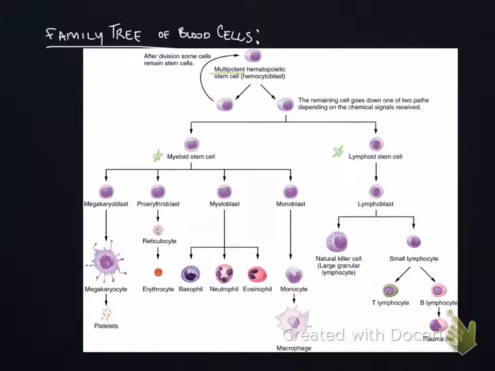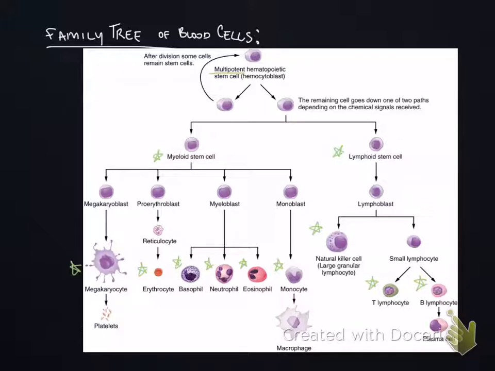The myeloid stem cells become the megakaryocytes, the red blood cells, the erythrocytes, the basophils, neutrophils, eosinophils, and then even monocytes. Okay. The lymphoid line of cells become natural killer cells, and then T cells, or T lymphocytes, and B lymphocytes.